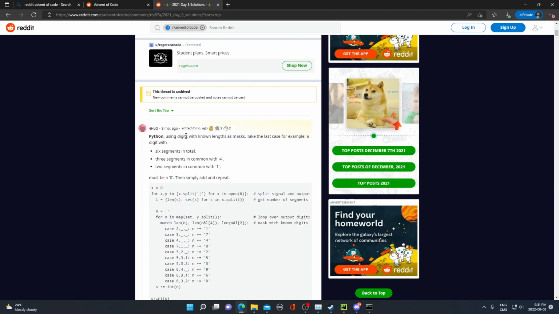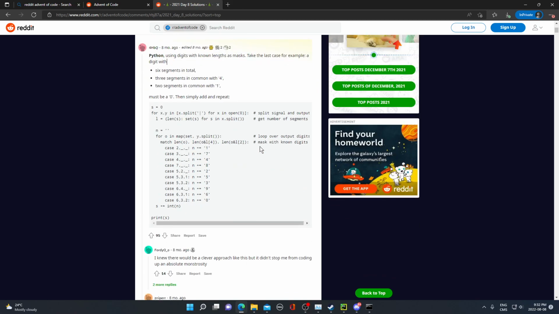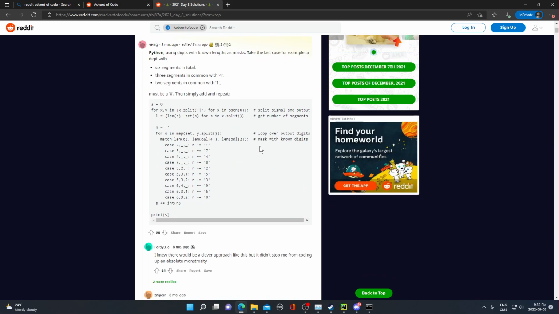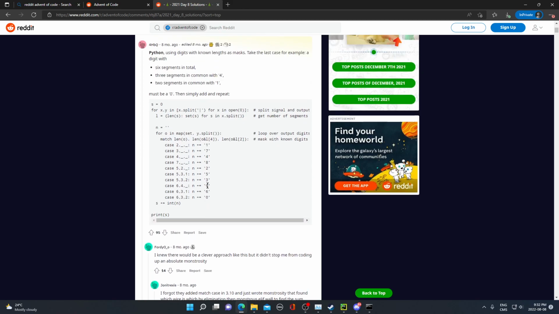Alright, what is this? Using digits with known lengths as masks. This is probably the cleanest solution.